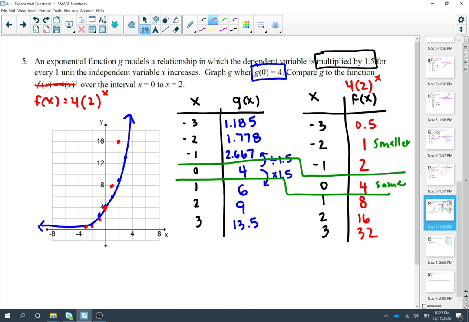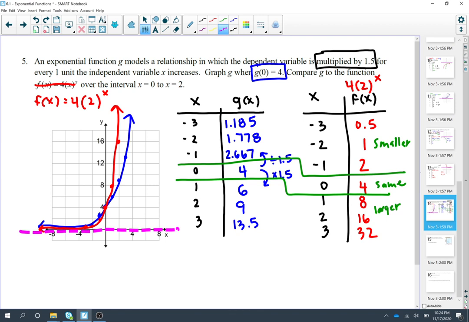And then at 3, I'm at 32, which is way off my graph. So if I go back to this idea here, this is larger. And then we're going to try our best. So we're going to be smaller, which you can barely even fit that in. And then they're going to hit the same point. And then this one's going to get bigger. And both of them still have that horizontal asymptote at 0.